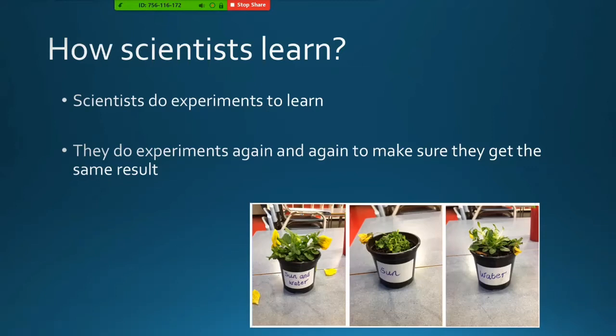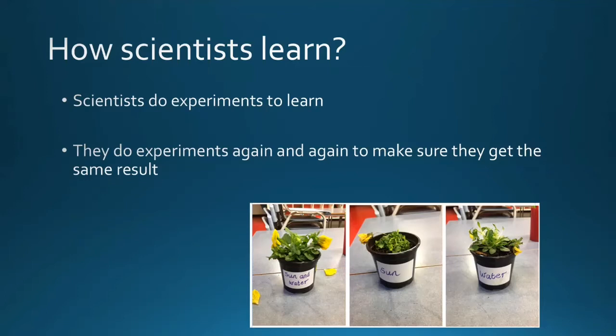No. See here, the plant will not grow well because water alone is not enough. Here in the second experiment, they repeat the experiment again, but they use sunlight only. Will the plant grow well? No. You can find that the plant will not grow well. How do you know? Because here there is only one flower, it does not grow well, there are not many leaves.